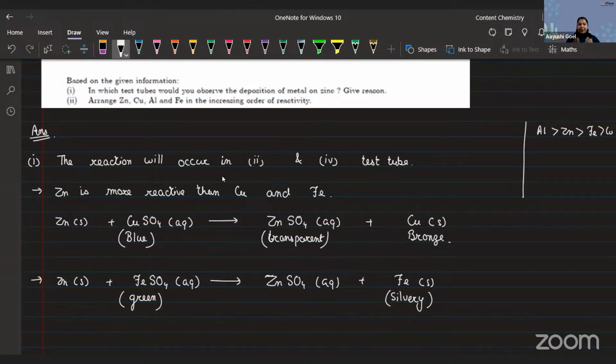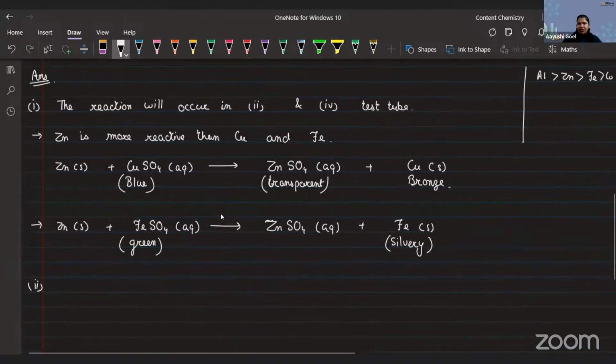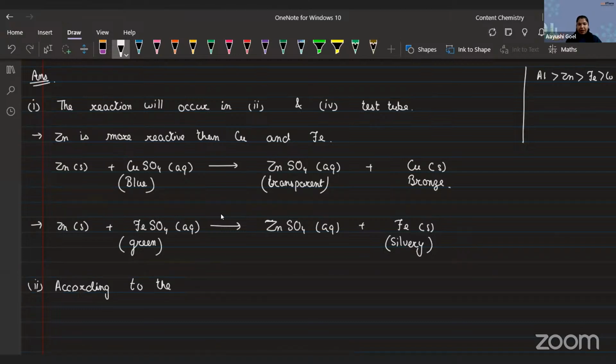So this is how I'll write my first answer. Then second, arrange them in the order. So it's a direct 1 mark question, so I can directly arrange. That will be according to the reactivity series.